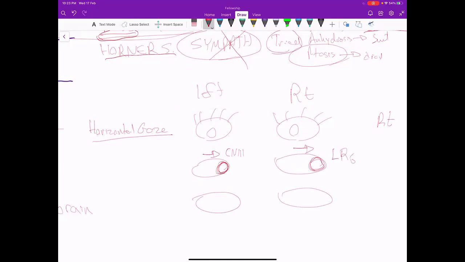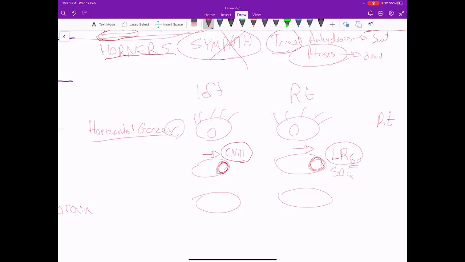We said the rule is always LR6, SO4. Never forget this. The lateral rectus is supplied by the abducent. So in order for me to have accurate horizontal gaze, I need something to connect my oculomotor with my abducent nerve to make sure they transition together.